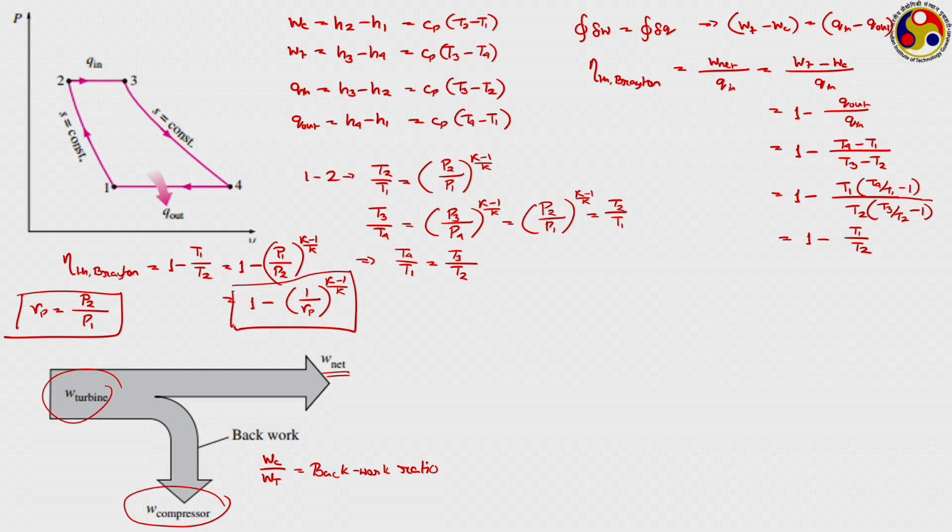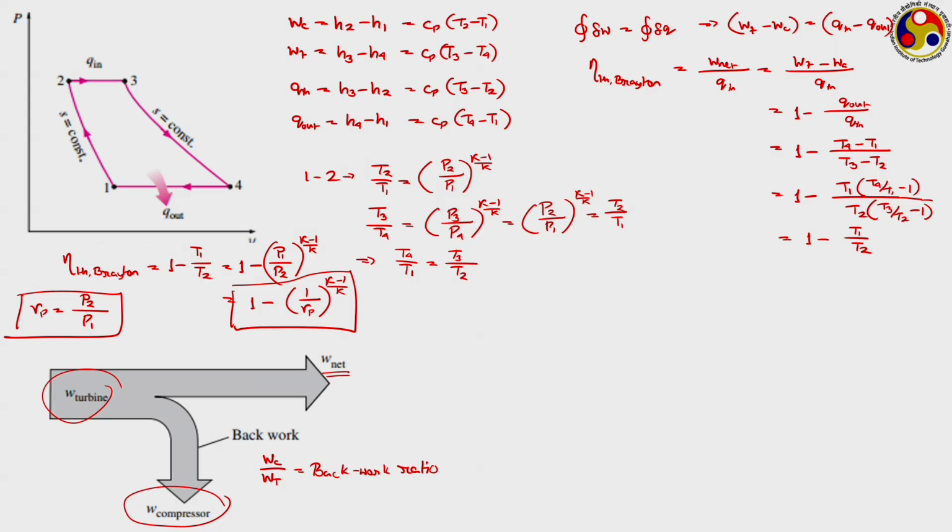It can even be greater than 50%. That is, whatever power your turbine is producing, your compressor may eat up almost half of that. Therefore, for a given power output, we need to have a very large sized compressor, so that we can keep this effect of back work quite small.